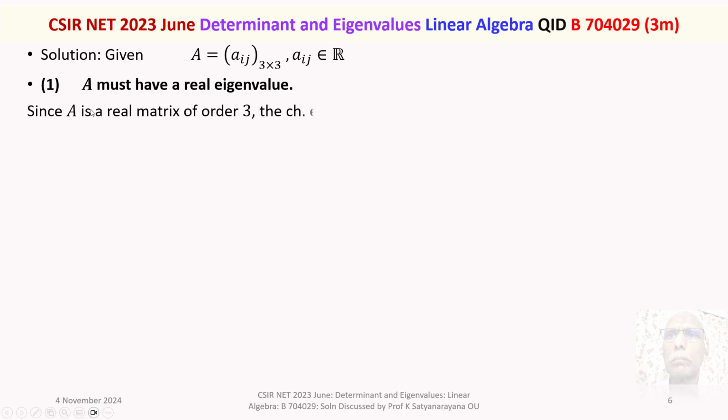A is a real matrix, that is, the entries are real numbers, of order 3, that is, it is a 3 by 3 matrix. Then the characteristic equation of A is an equation of degree 3, which is odd, with real coefficients.